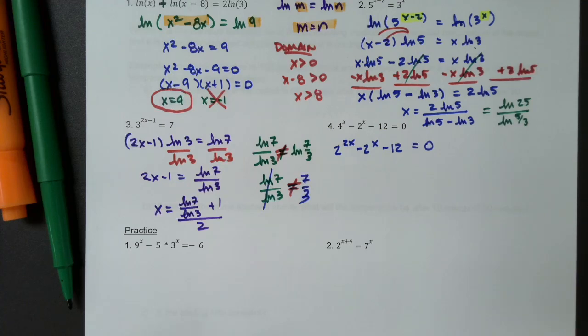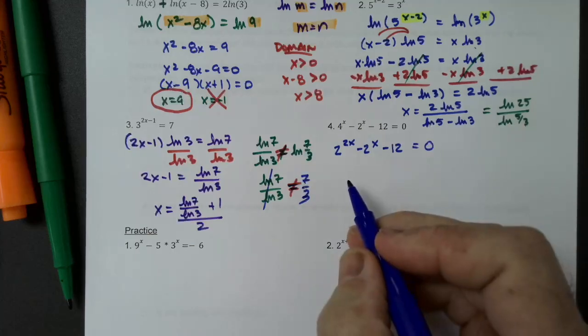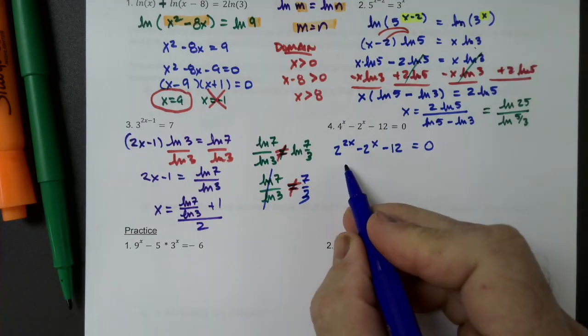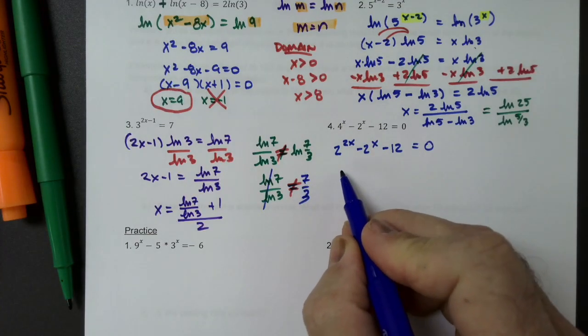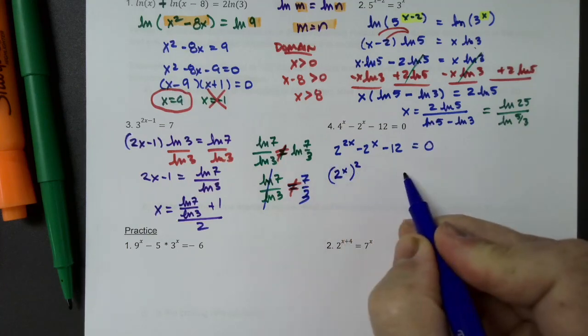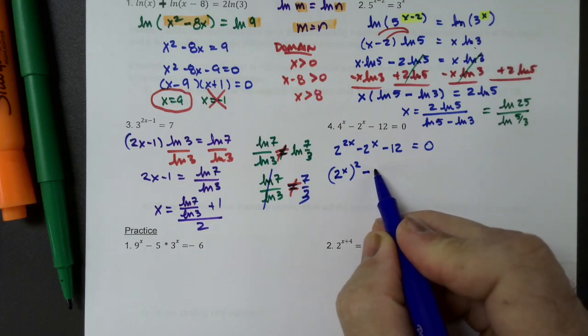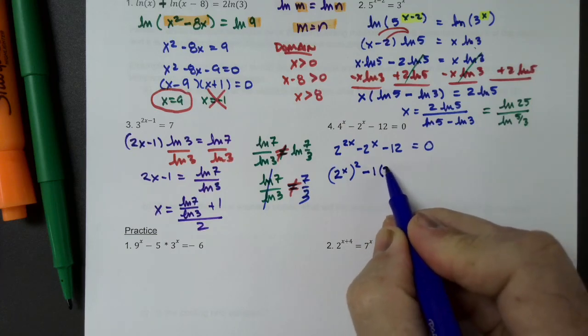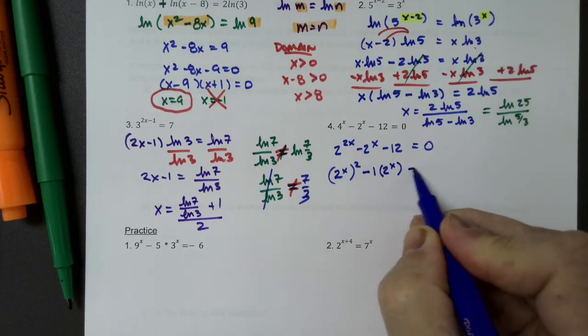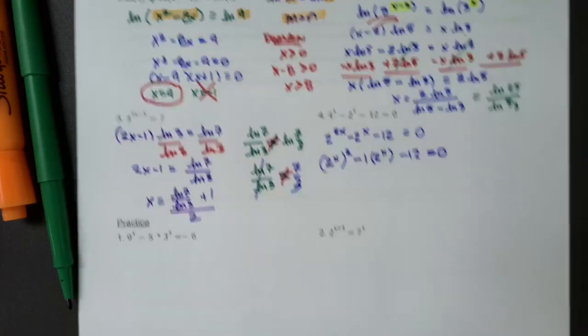Now, maybe another way would be a way of solving this one. But I do see something that we've done before. Let's think of it this way. Let's say that this is 2 to the x squared minus, I'll even put a negative 1 in front of this, 2 to the x minus 12 equals 0.